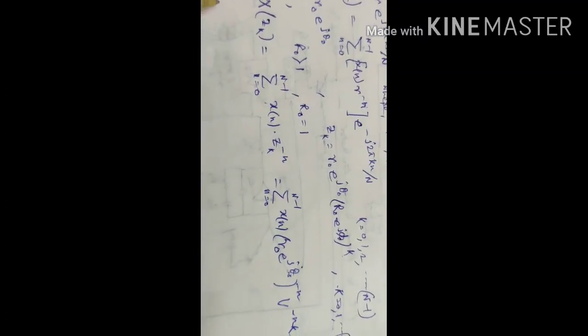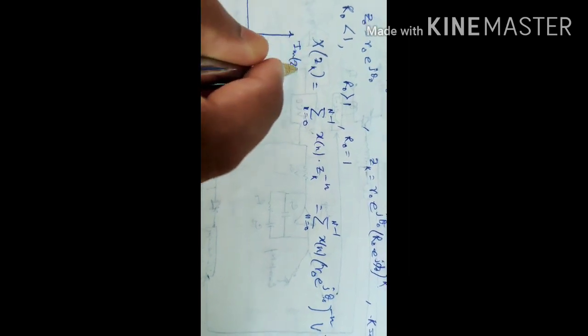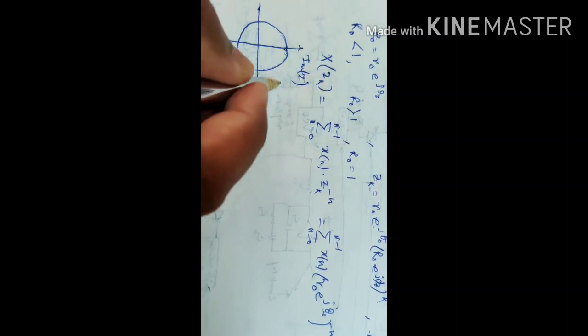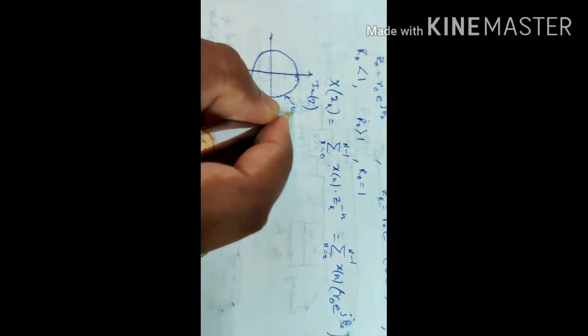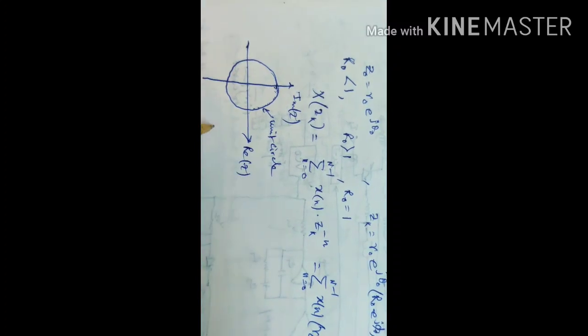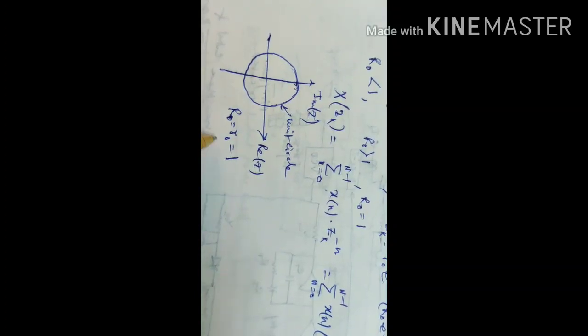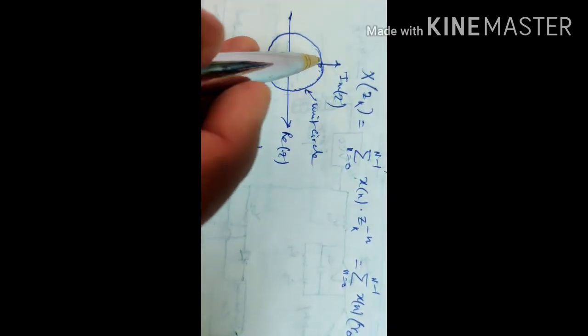If we take the real axis of z and the imaginary axis of z, and the unit circle, then if r_0 equal to 1, R_0 equal to 1 and phi_0 equal to theta_0 equal to 0, the points lie on the unit circle.